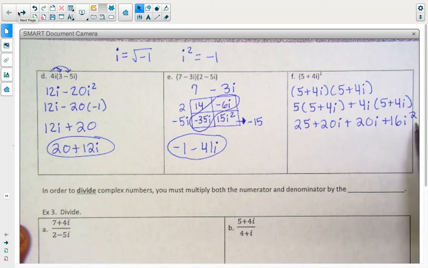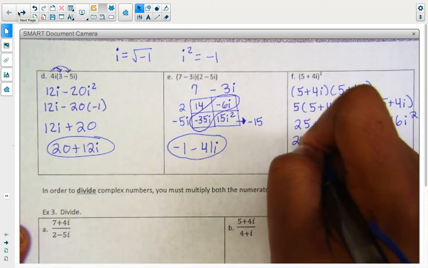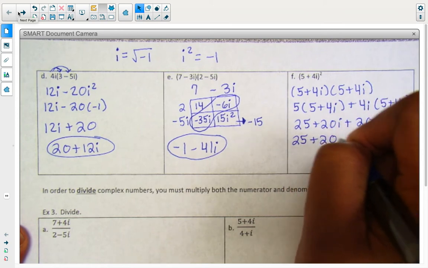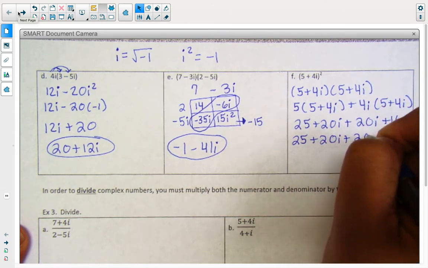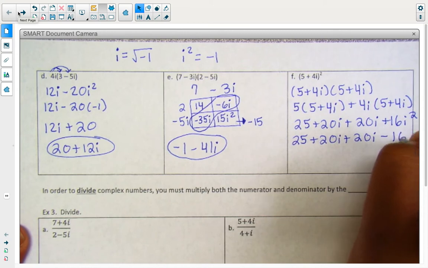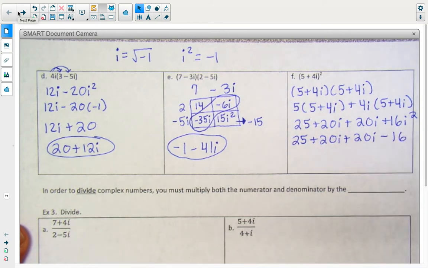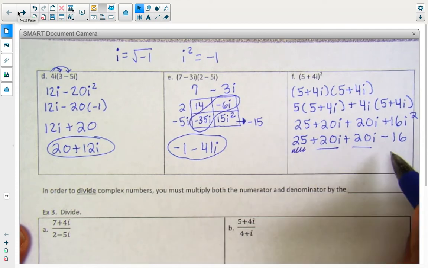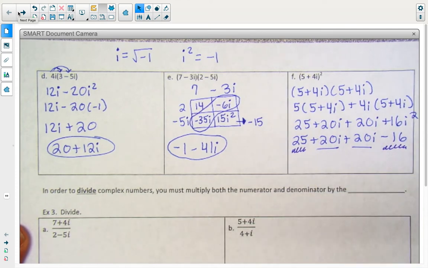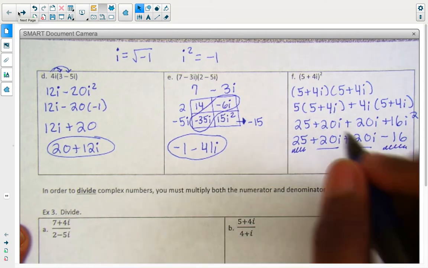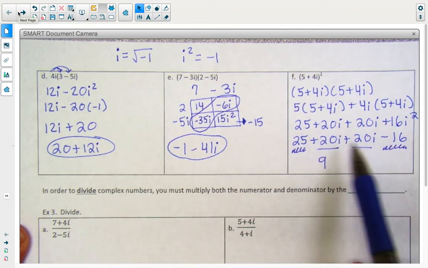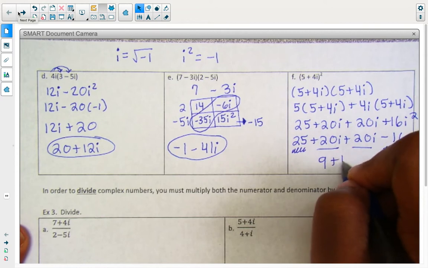It changes the sign of our number. So now I have 25 plus 20i plus 20i minus 16. Combine like terms: I put my imaginary pieces together, and then the real parts of the problem together. Our final answer: 25 minus 16 is 9, and 20i plus 20i is 40i.